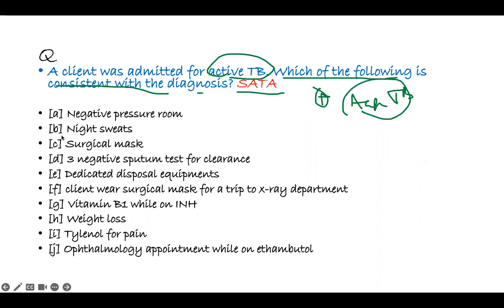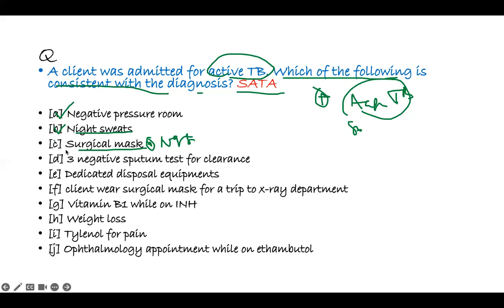Negative pressure room. Yes, they have to be in a negative pressure room. Night sweats. Yeah, these are symptoms of active TB. Surgical mask. Who wears surgical mask? Well, they don't specify, so you can't say anything, but I'm thinking this is the N95 for the nurse.